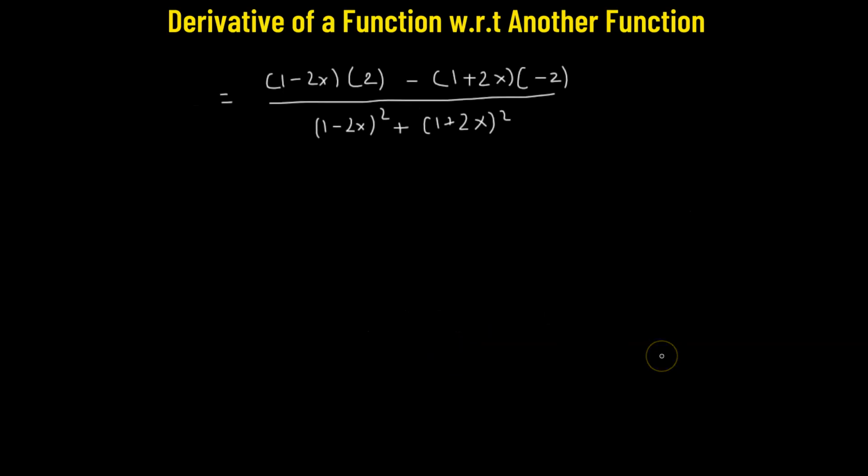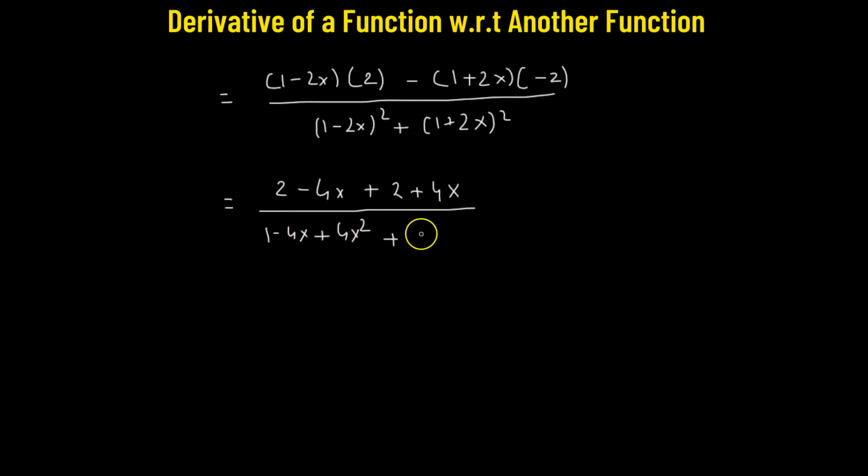So let's further simplify it. Here in the numerator, we have 2 minus 4x plus 2 plus 4x, divided by, expanding (1 minus 2x) whole squared, that's 1 minus 4x plus 4x squared, plus (1 plus 2x) whole squared, which will be 1 plus 4x plus 4x squared.